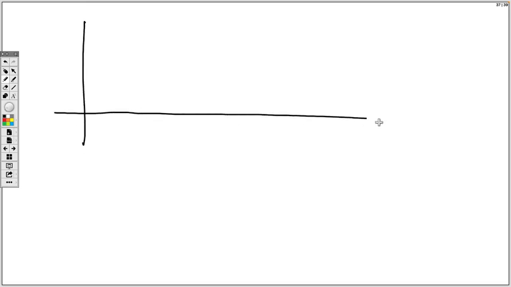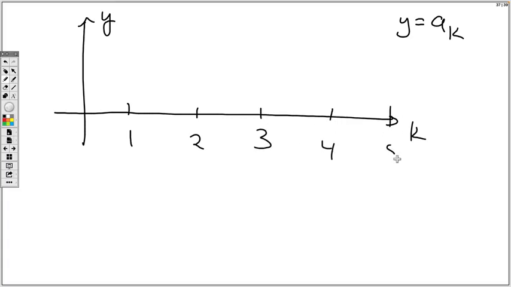Speaking of integrals, I'll do this last thing, then we'll get on with the business of the day. Remember, when you graph a sequence, you're just going to get dots. So here's 1, 2, 3, 4, 5.